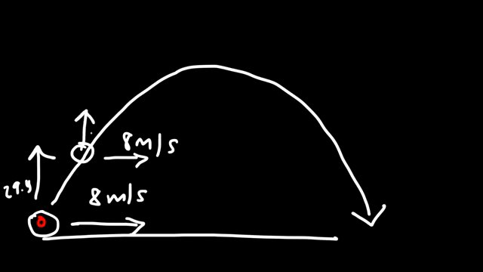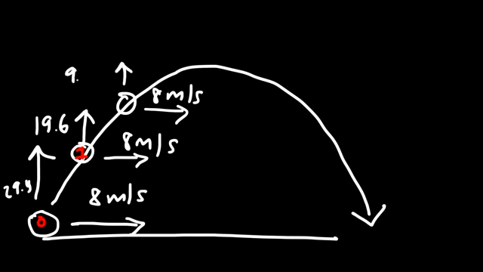Vy is going to decrease by 9.8 meters per second every second. Gravitational acceleration affects Vy, but not Vx. So this is going to be 19.6 1 second later. Now, 2 seconds later, Vx will still be the same, and that's 8 meters per second. Vy is now 9.8.